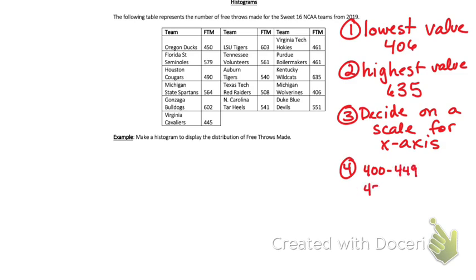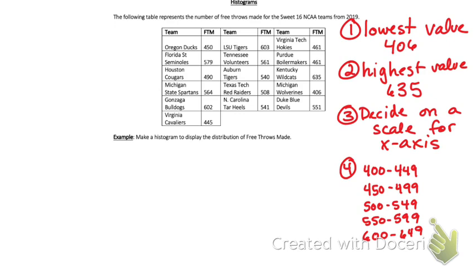Then from 450 to 499. Then from 500 to 549. Then 550 to 599, 600 to 649. Do you see that we would then have about 5 bars there? So 50 looks like it was pretty good.